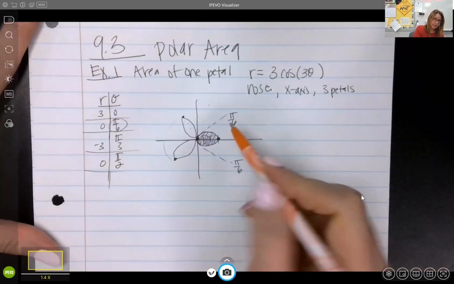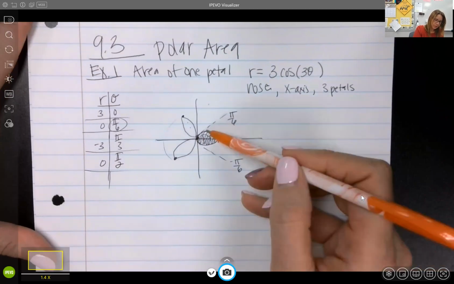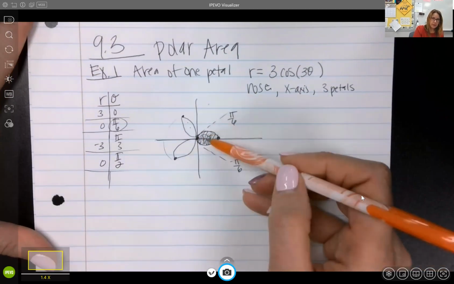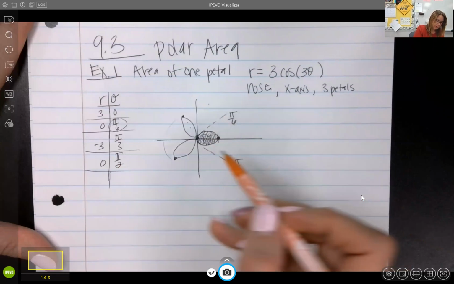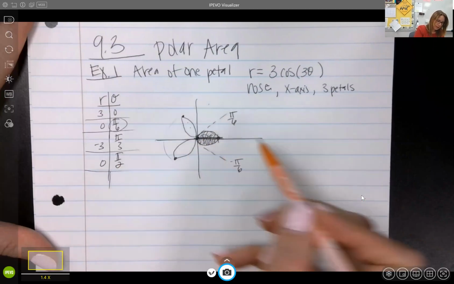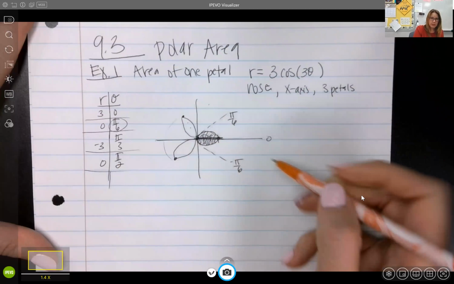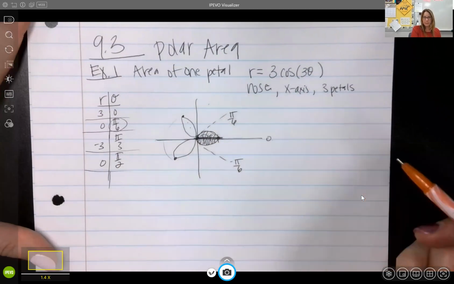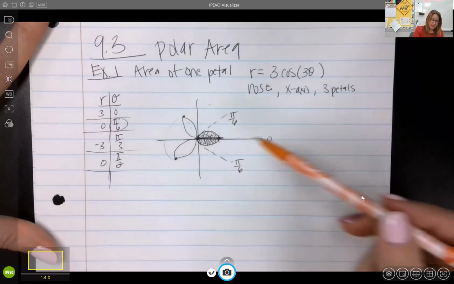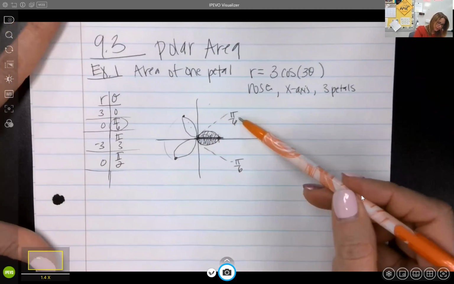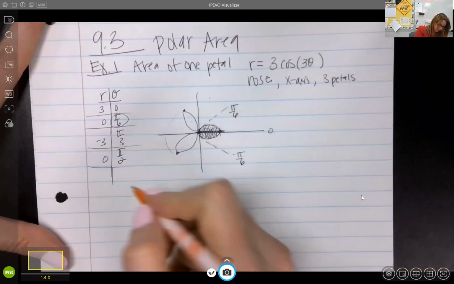Now, what I want you to notice is that these two are symmetric across the x-axis. So technically, if I went from 0 to pi/6 and I doubled it, that would be the same as negative pi/6 to pi/6. So let's set that up for a minute.